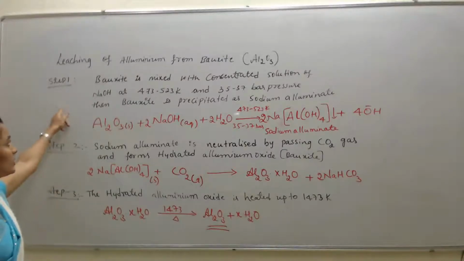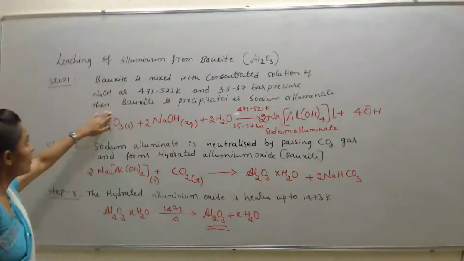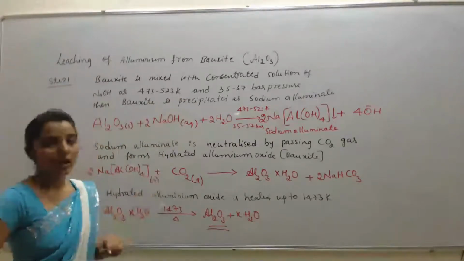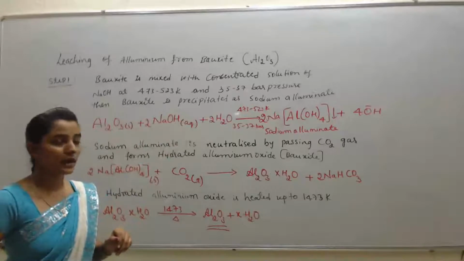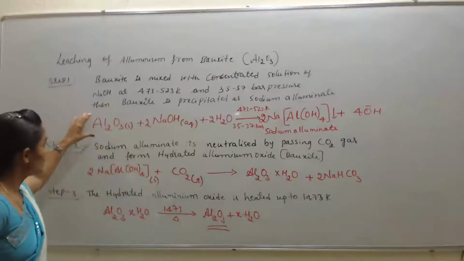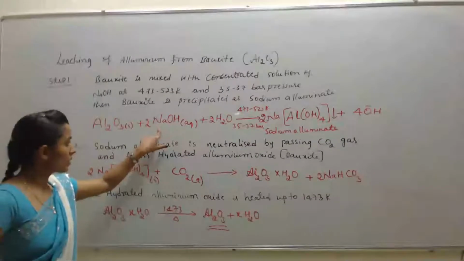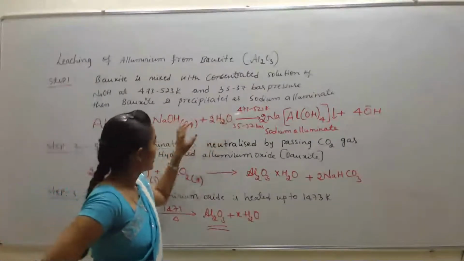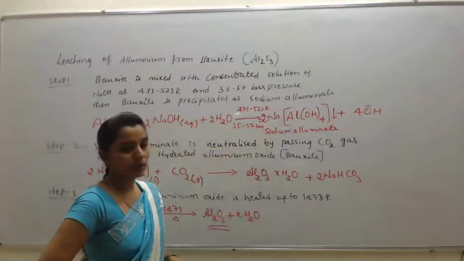So here step 1: bauxite is mixed with concentrated solution of NaOH at 473 to 523 Kelvin and 35 to 37 bar pressure. Then the bauxite is precipitated as sodium aluminate. So here Al2O3 reacts with concentrated NaOH in the presence of H2O, then it forms sodium aluminate.